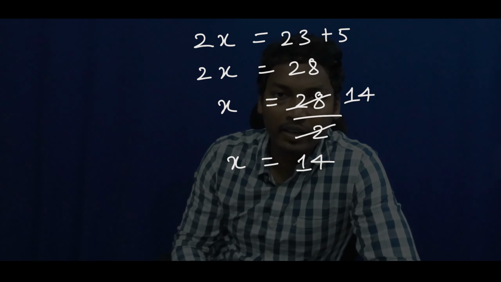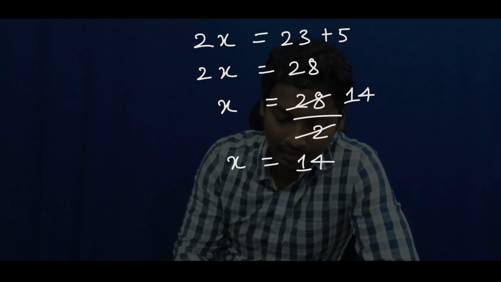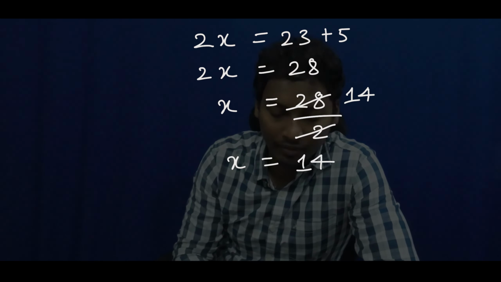So let's find the sister's age, which will be x minus 5.